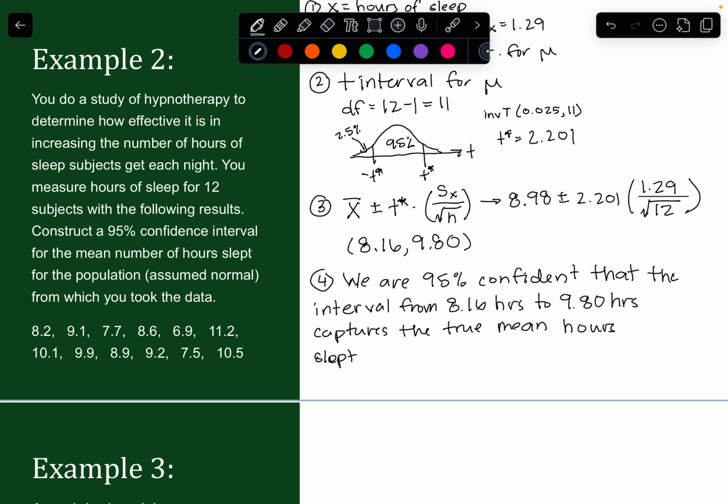And in this case, this was hypnotherapy, number of hours sleep subjects get. Hours slept for.